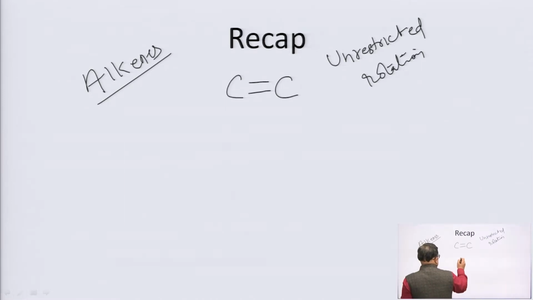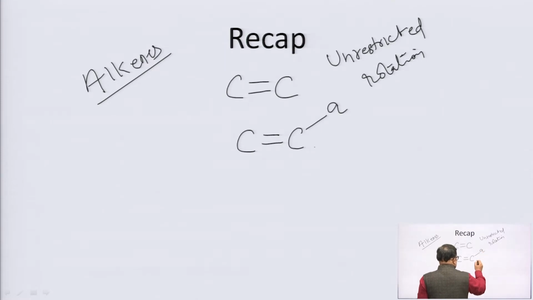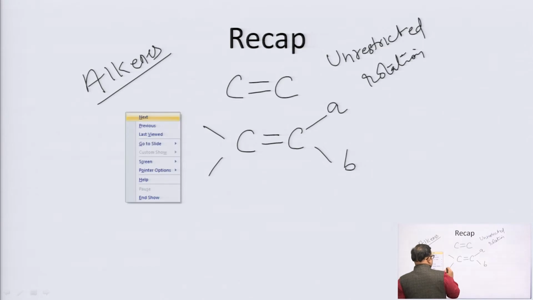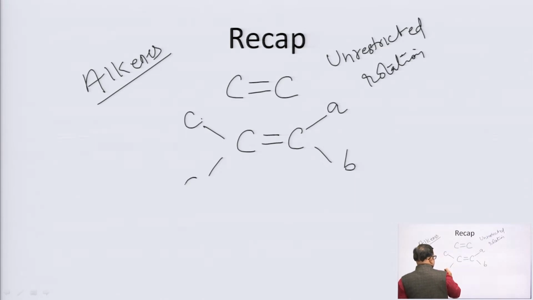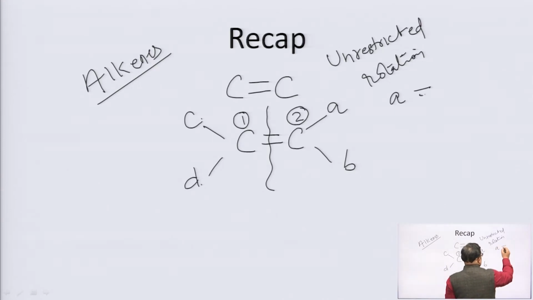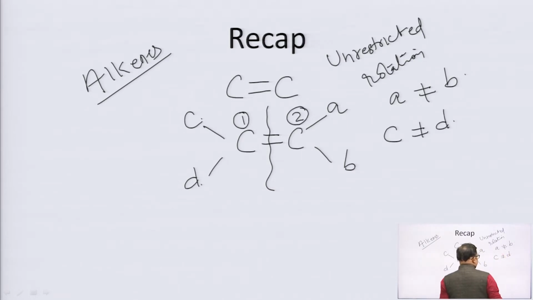the substituents that are present around this double bond. Now, if we talk about these 2 carbons, let us designate this carbon 1 and this carbon number 2. The substituents A and B should not be similar, C and D should not be similar.